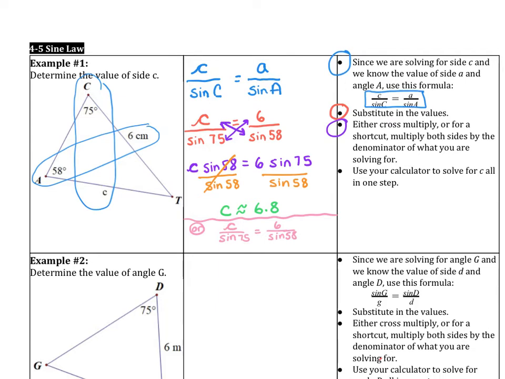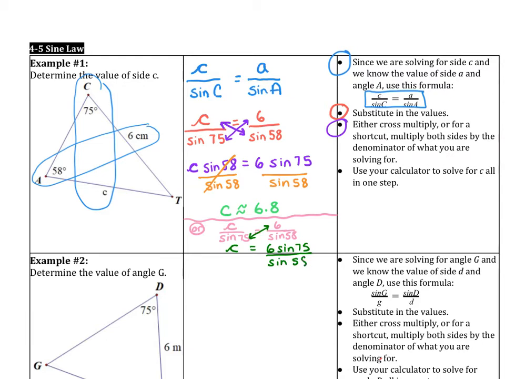So because that sine 58 is going to end up back down at the bottom, the denominator on the right side anyway, you can just take this sine 75 and multiply it with the numerator of the second fraction. So you could just do C equals 6 times sine 75 over sine 58.